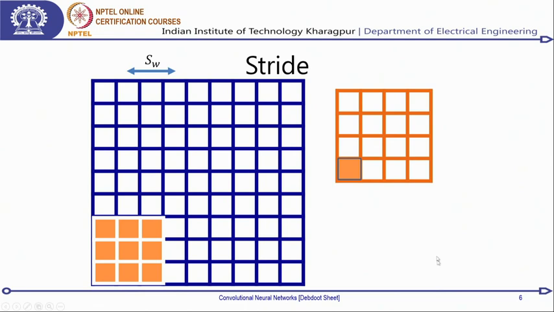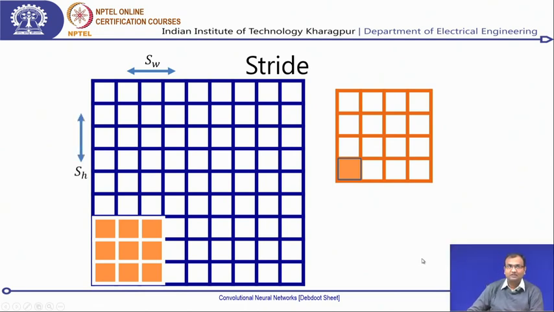The output is calculated in the same way, but what is interesting is that if my stride along the x direction, or along the width, is SW, and my stride along the height, or the vertical direction, is SH, and my input image has a size of m and my kernel has a width of w, then my output size is related by m minus w by SW plus 1.